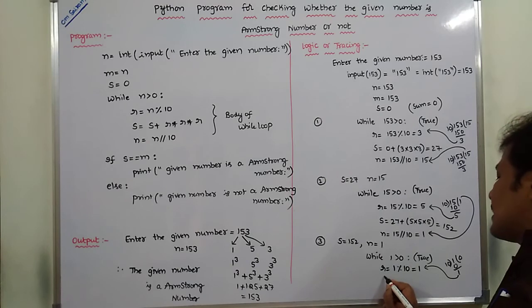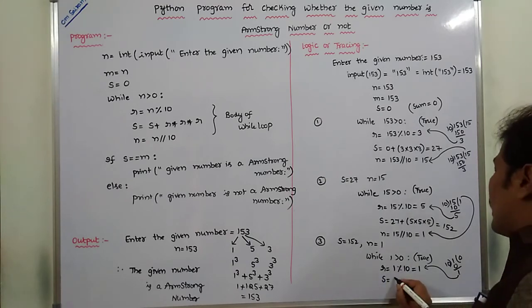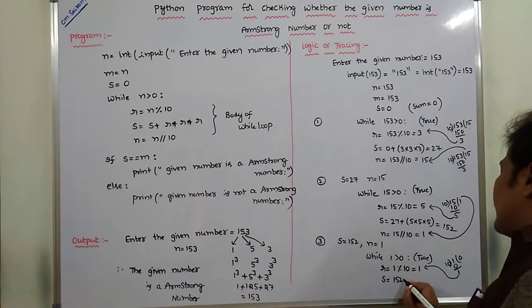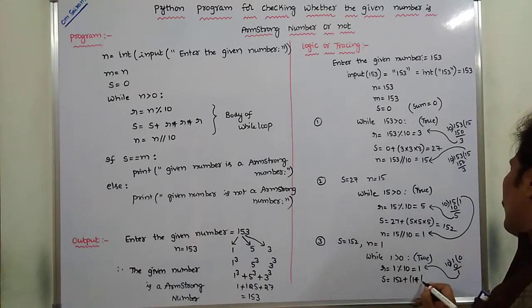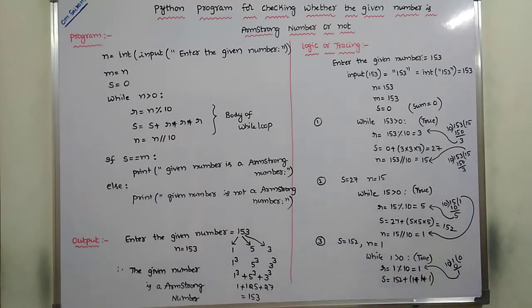Next one, s is equal to s plus r cube. What is the s value in the previous step? That is 152. In the previous iteration, 152 plus 1 into 1 into 1, the r value is 1. So that is equal to 153.